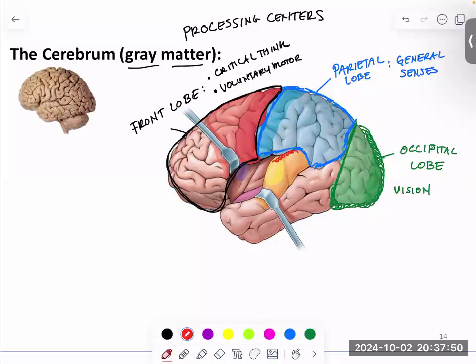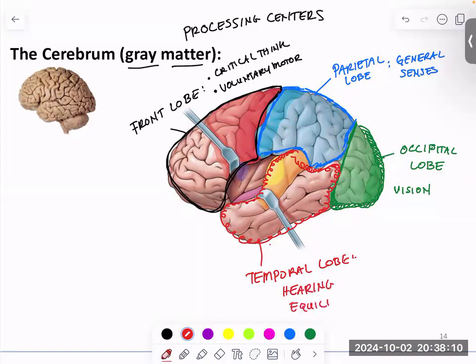Side of the head. This is your temporal lobe. Your temporal lobe is responsible for two primary senses. What is it? Hearing and balance. We say equilibrium. We understand what hearing is. You're hearing me right now.